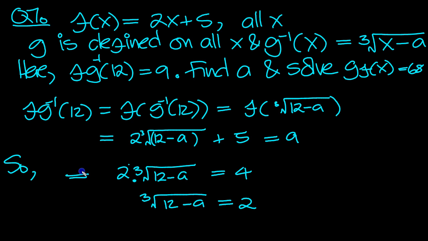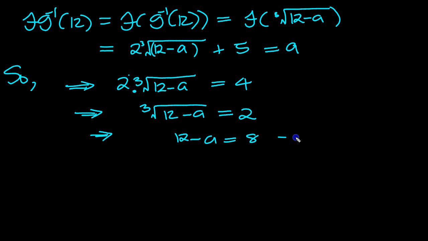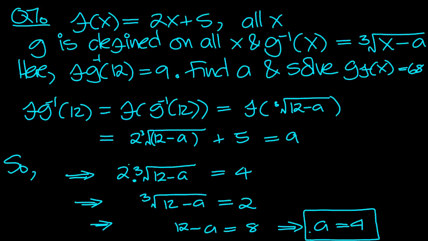Cube both sides, and that tells us that 12 − a is equal to 2 cubed, which is 8. And so we can finally say that a is equal to 12 take 8, which is 4. So we've shown that a is 4.